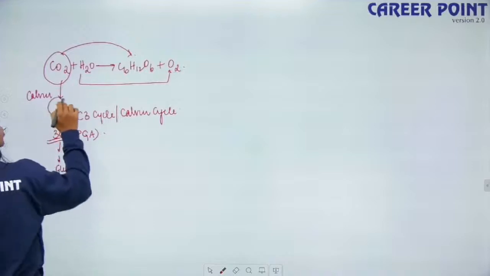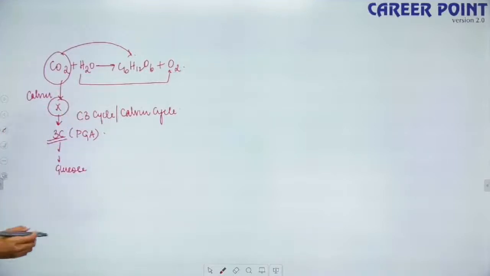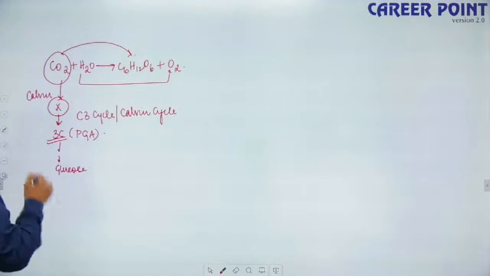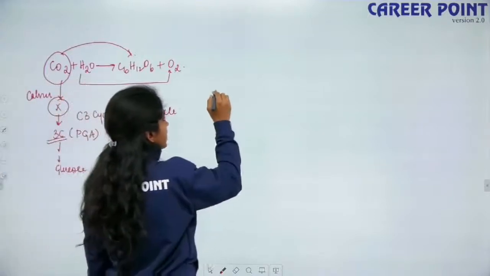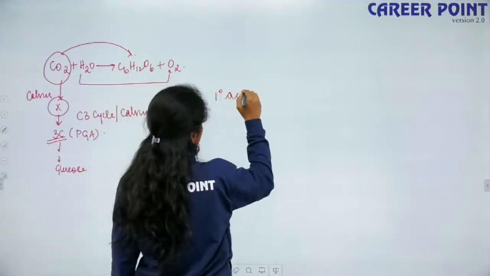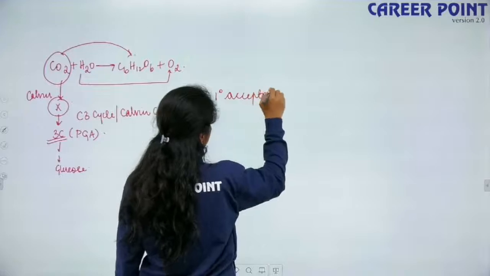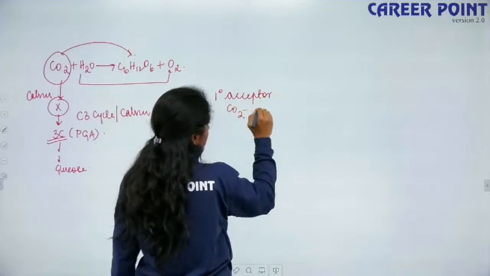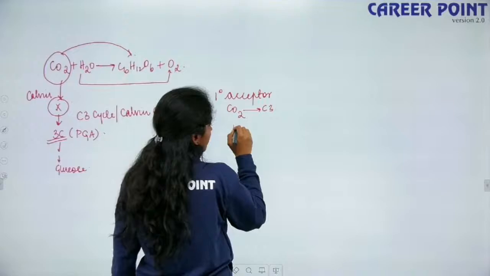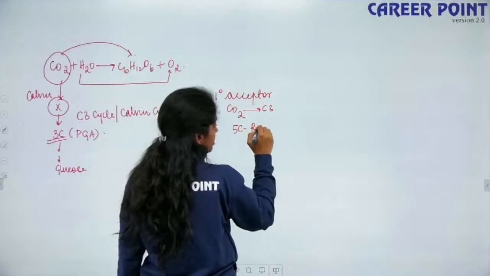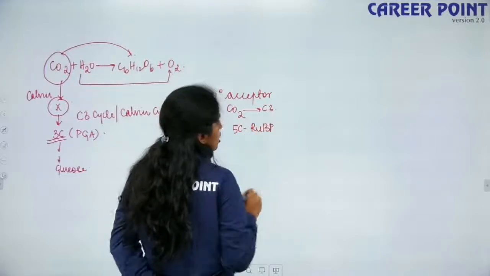Now we are going to see who is that acceptor of carbon. Who is willing to do that generous job? We are going to see. So the primary acceptor of carbon dioxide in your C3 cycle is a 5-carbon compound, RuBP.